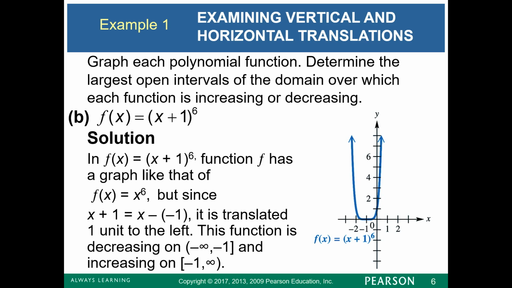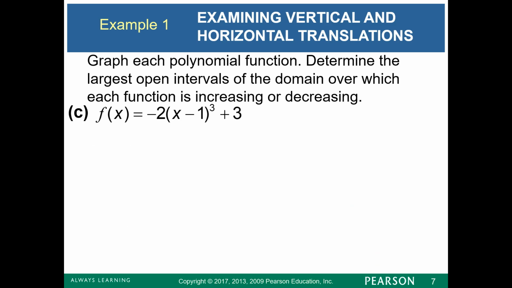I think that's a typo, because they ask for open intervals of the domain, so you cannot include -1 in the intervals. You have to use open intervals, so parentheses. You see what I'm talking about, right? So that's what I used.